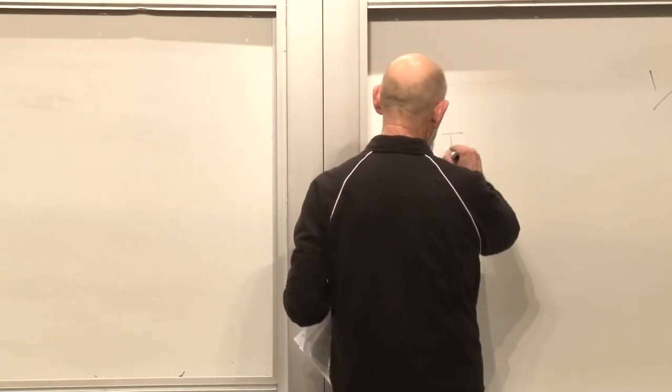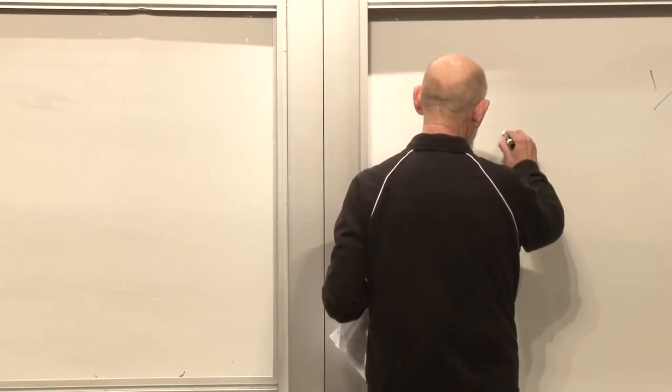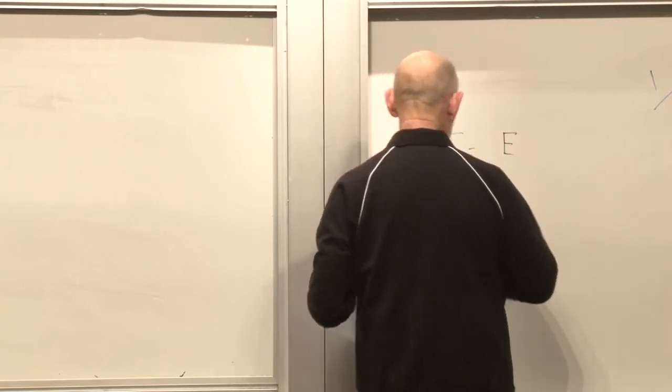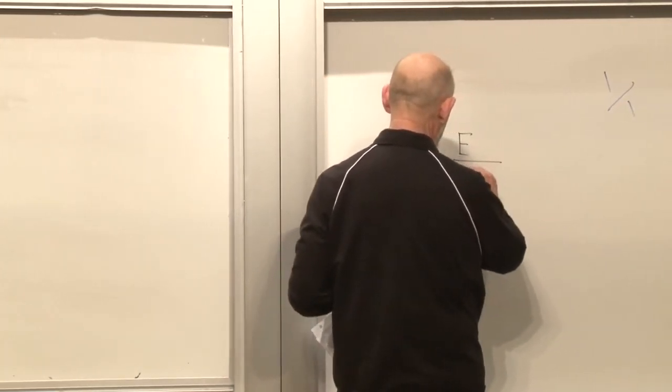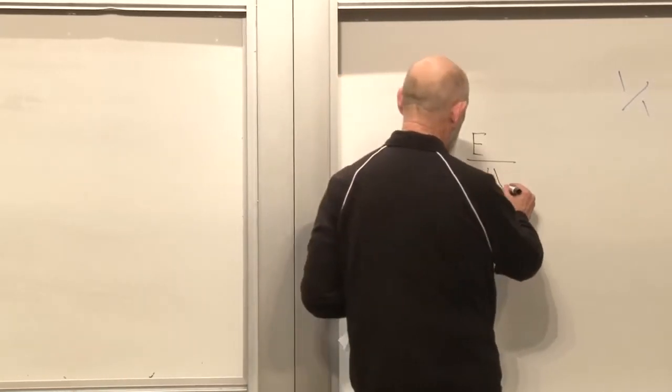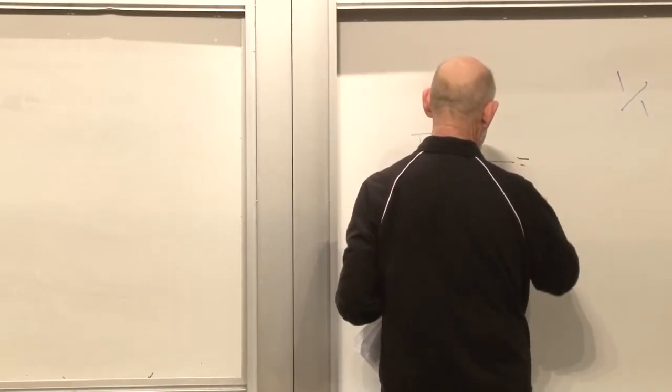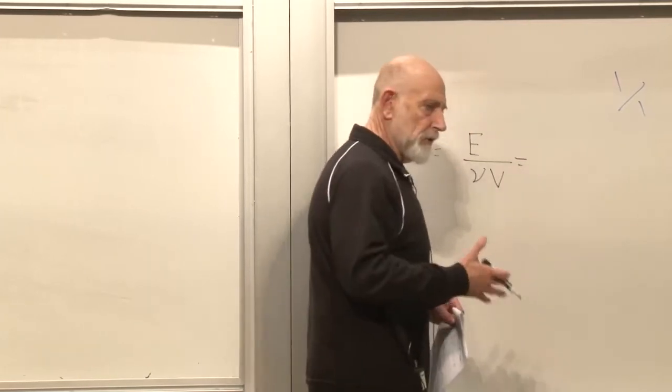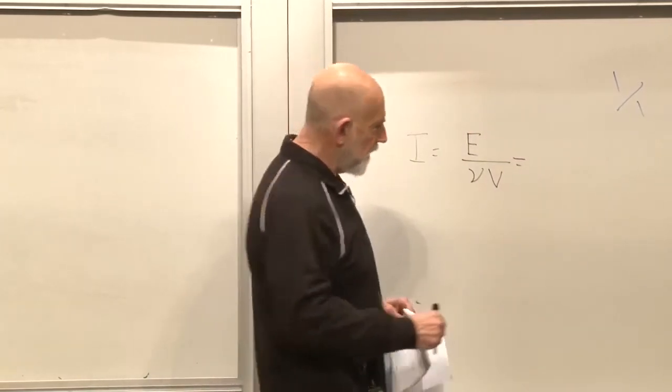I has units of energy divided by frequency, energy per unit frequency per unit volume. All right, and that is energy. What's the units of energy? What did we say energy was?